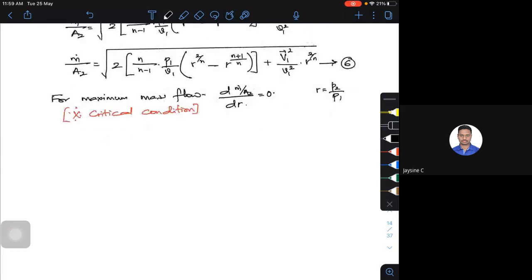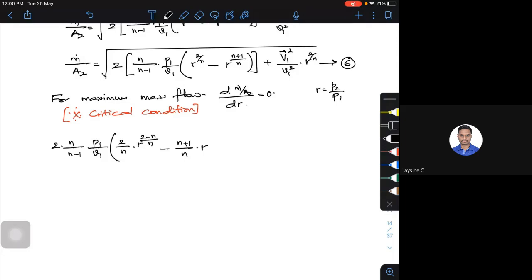So this will be 2 into n by n minus 1 into P1 v1, then 2 by n into r to the power of 2 by n minus 1, so that is 2 by n minus 1. This will be 2 minus n by n, minus n plus 1 by n into r to the power of n plus 1 by n minus 1.